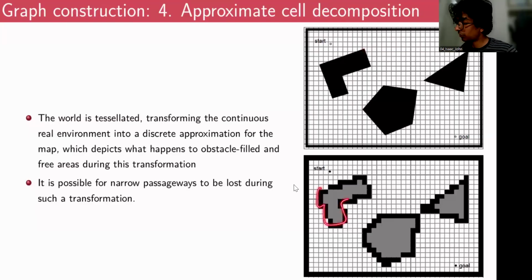We basically have this sort of tessellation, right? So if one of the cells is filled by the obstacle, we consider that cell to be completely filled. Or if there is some fraction of an obstacle within one cell, we block that cell.